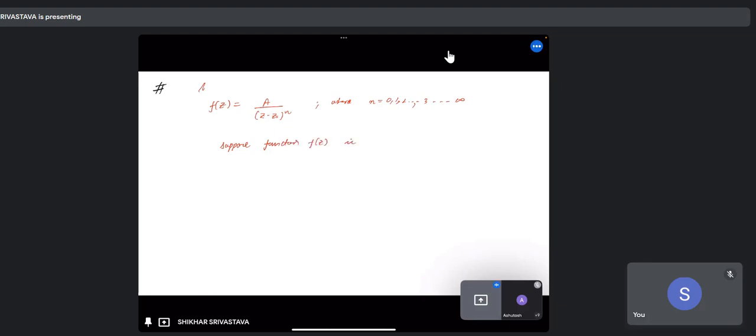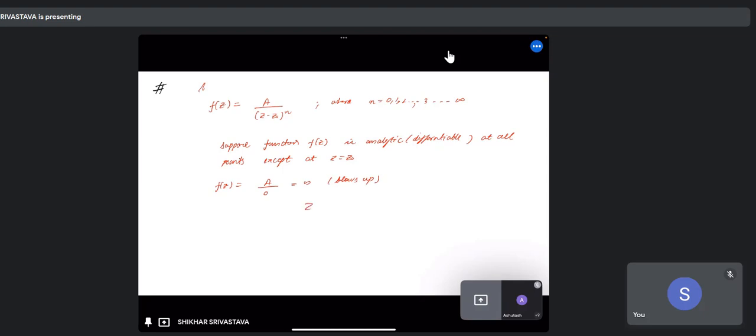You all know being analytic means it's differentiable. The function is analytic and differentiable at all points except at z equal to z naught, because as soon as you put z equal to z naught, this function becomes A upon 0, which is infinity, so it blows up at z equal to z naught.